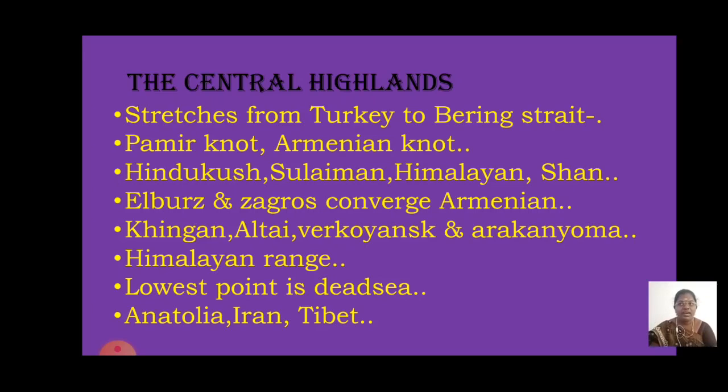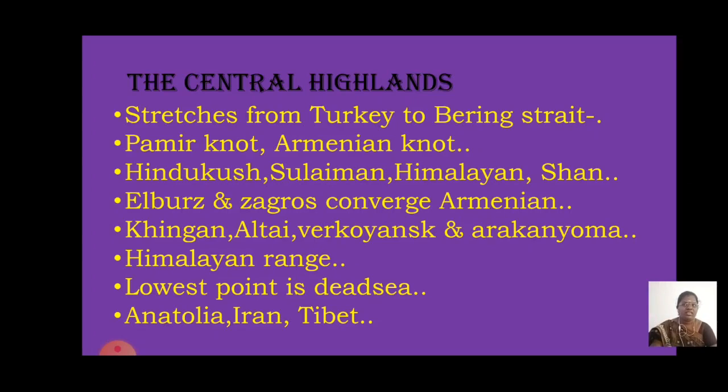The Hindu Kush range continues westward as the Elburz, whereas the Sulaiman range continues southwest, not southeast, as the Zagros range. Everything is a mountain range, but the names of those ranges are different.